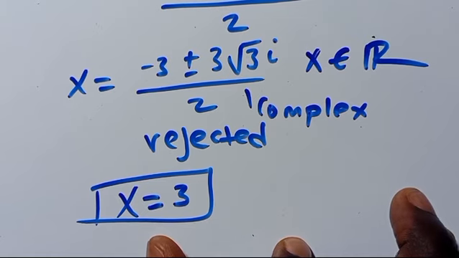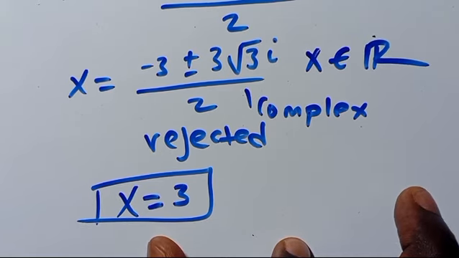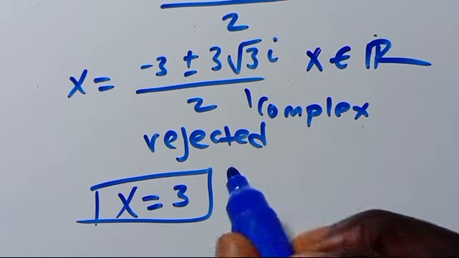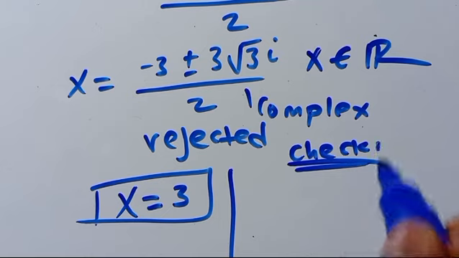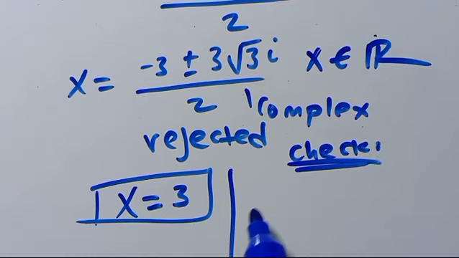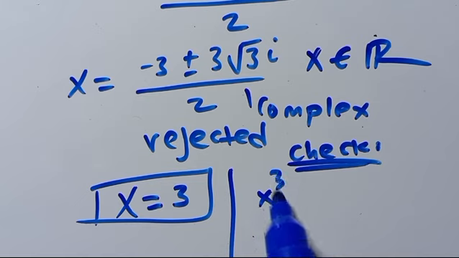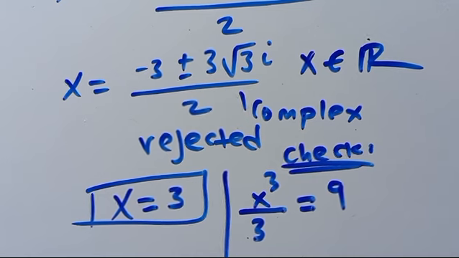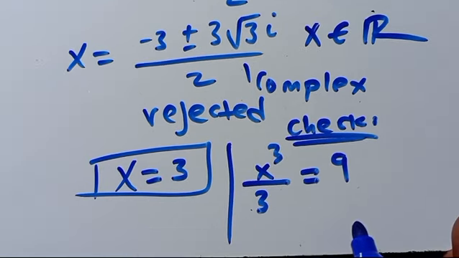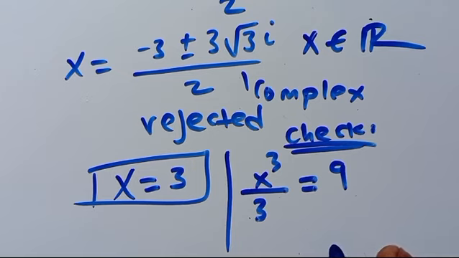Then let us verify whether this real solution satisfies the equation. To check, we have x to the power of 3 over 3 equals 9, and we got x equals 3. Now let us substitute.